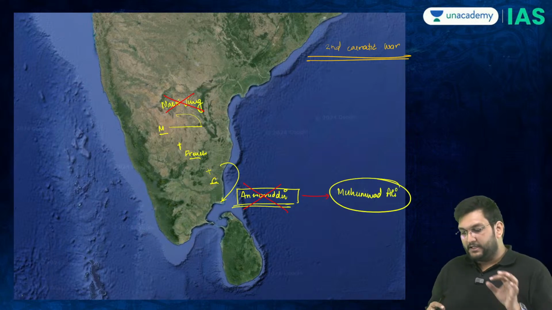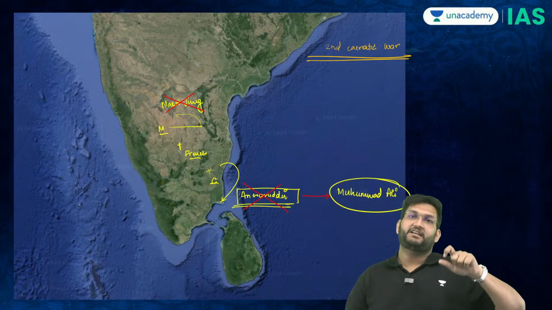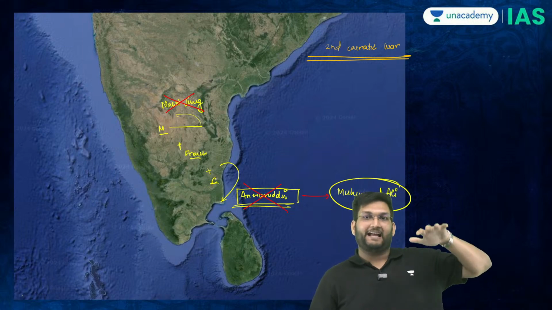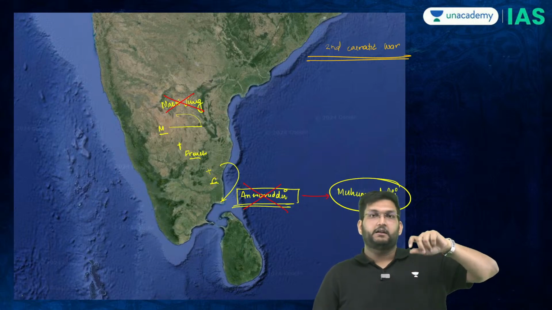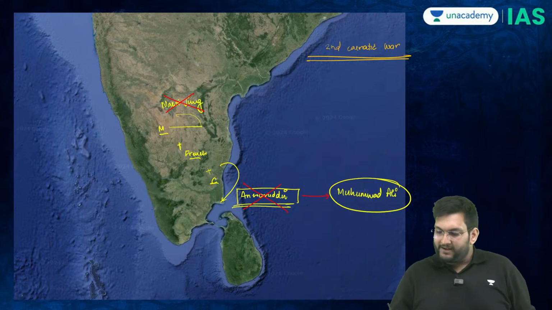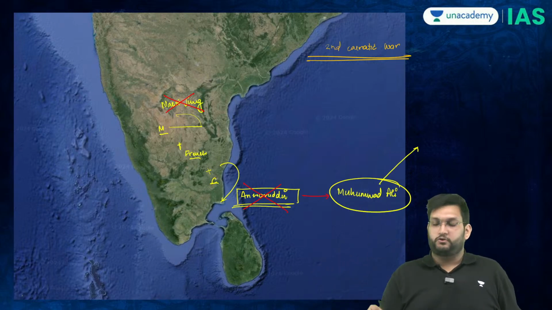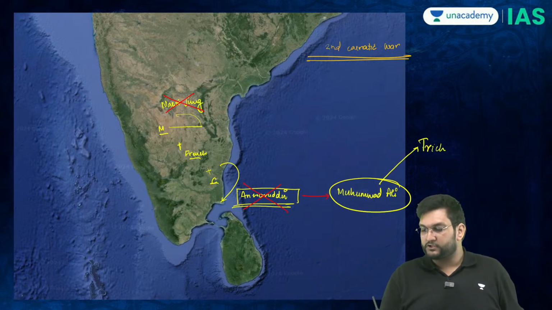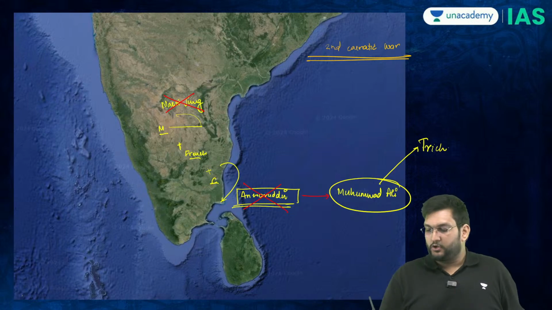Now, when the French and Chand Sahib were attacking and killing Anwaruddin at the Battle of Ambur, Muhammad Ali is very quickly going to move to what is today called Trichy, Trinopoli.